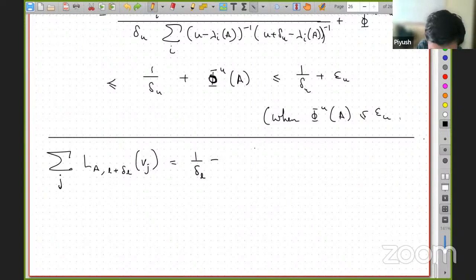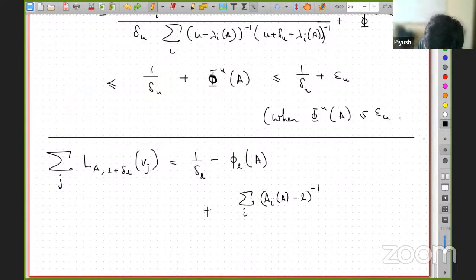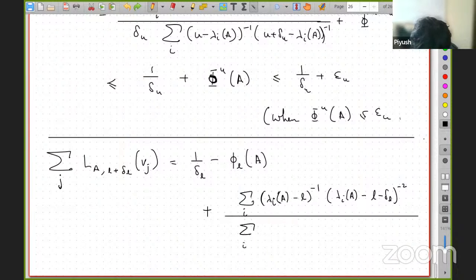L minus phi L of A plus summation over i of lambda_i (A minus L) inverse times lambda_i (A minus L minus delta L) to the minus 2, over summation over i of lambda_i (A minus L) inverse minus (L minus delta L) inverse.